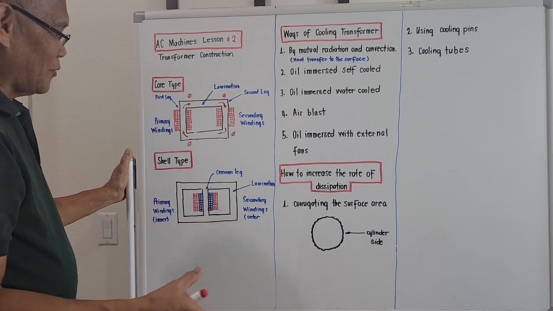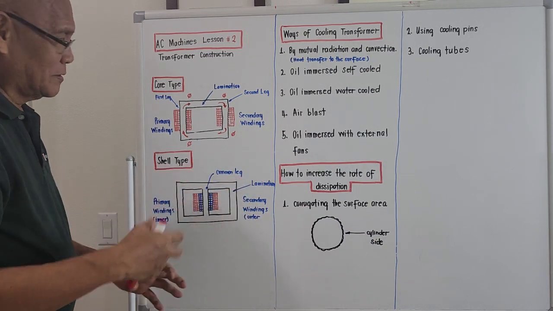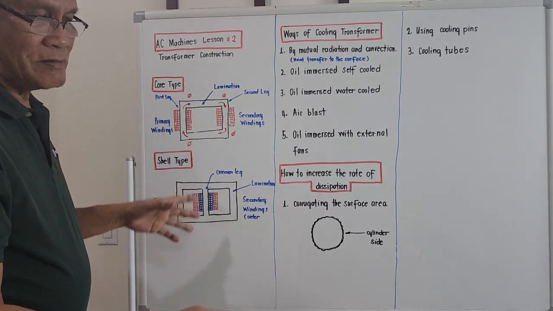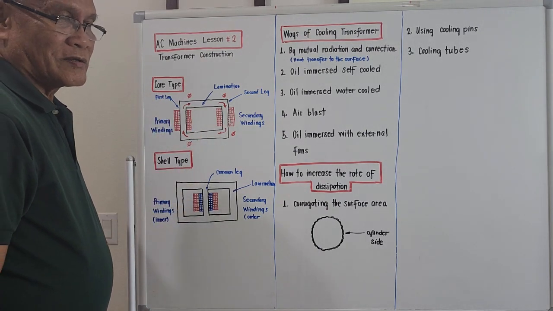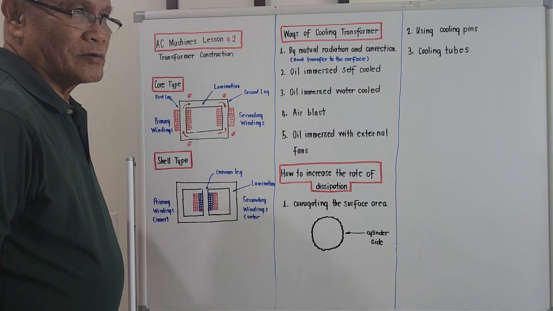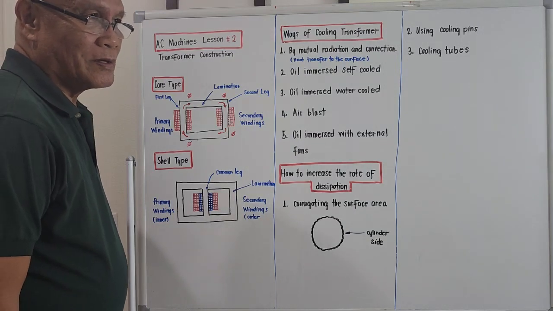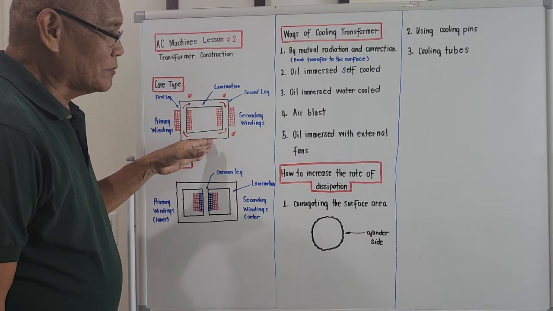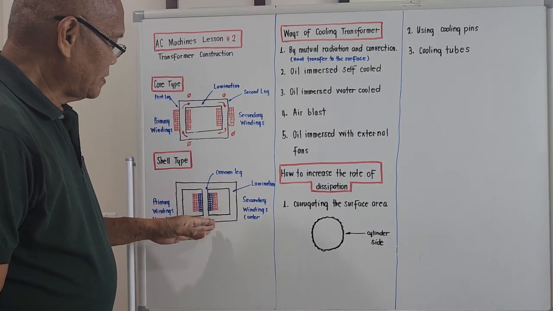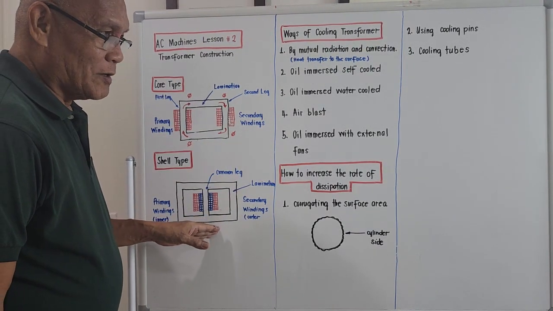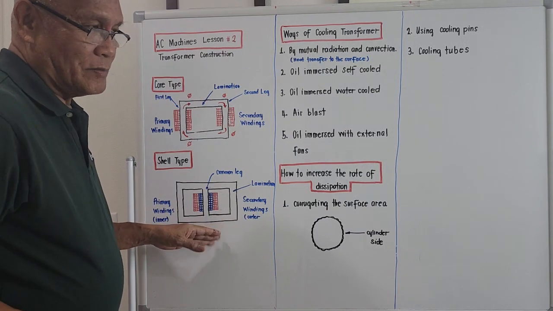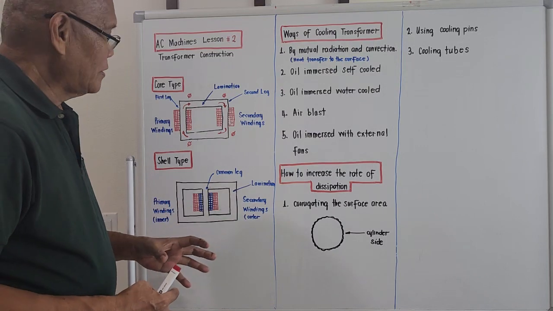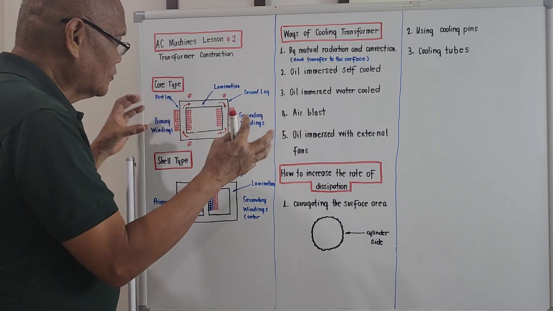For the shell type, it's a more complicated thing. I think how the winding of an oven's magnetron is wound is something like the core type, or it could be the shell type maybe. The construction is something like this.